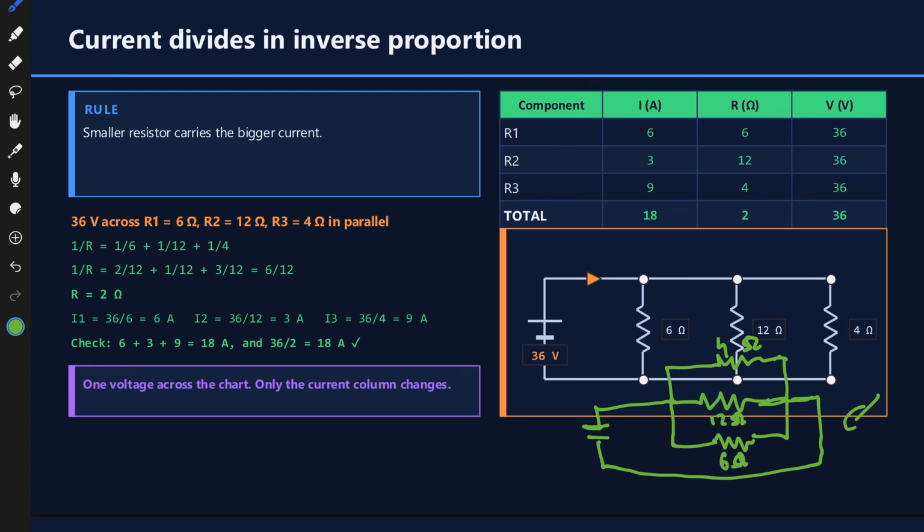So for resistances in my RIV chart, I would fill in 6, 12, and 4, right? And I can find my total resistance from that. 1 over my resistance total is equal to 1 over 6 plus 1 over 12 plus 1 over 4.